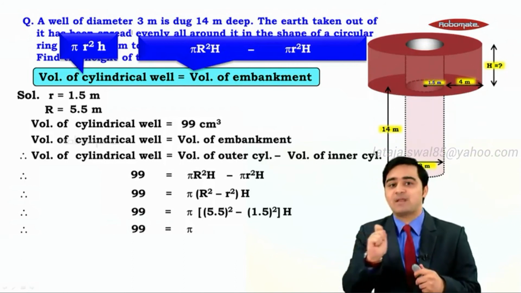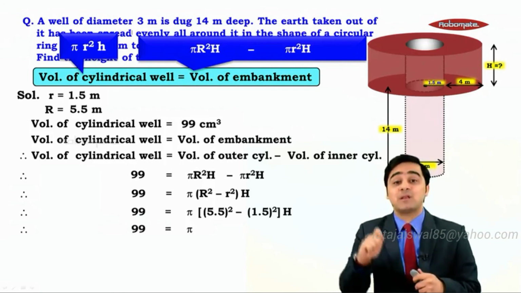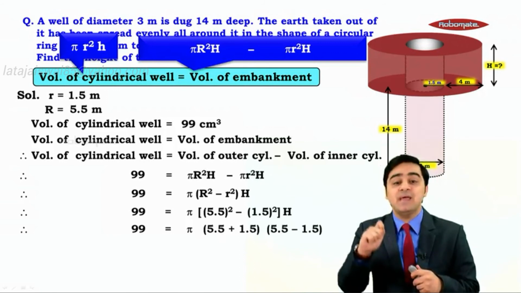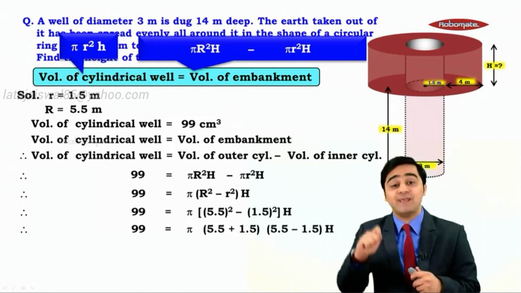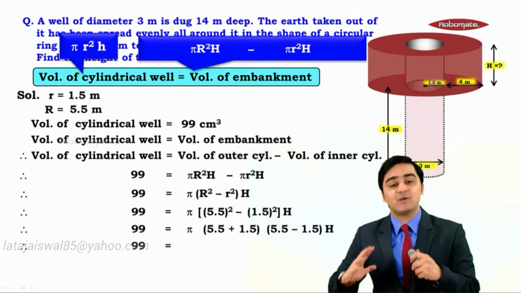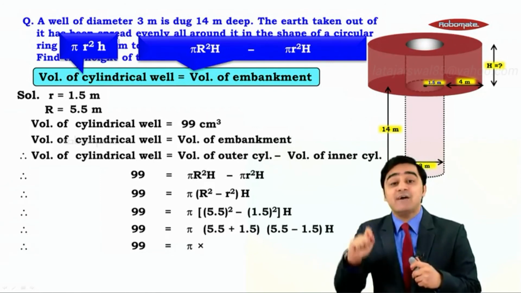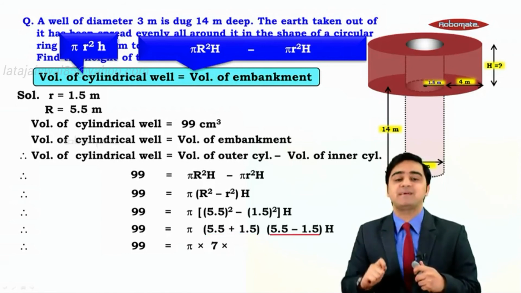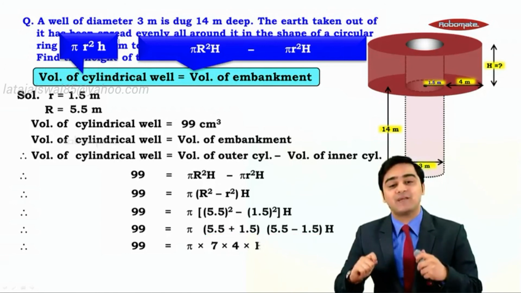Remember, it is a square minus b square. A square minus b square is a plus b into a minus b. So it is 5.5 plus 1.5 into 5.5 minus 1.5 into we have capital H. Now the next step is therefore 99 is equal to pi into 5.5 plus 1.5 is 7 and 5.5 minus 1.5 is 4 into we have capital H.